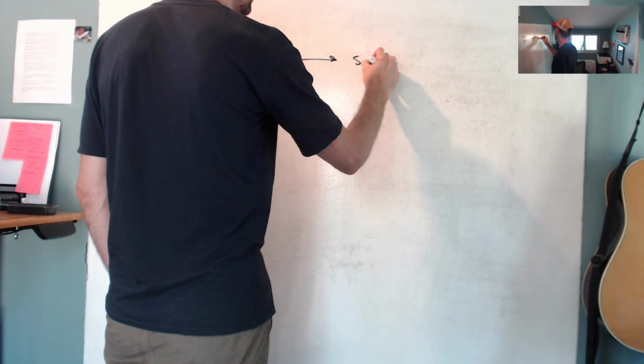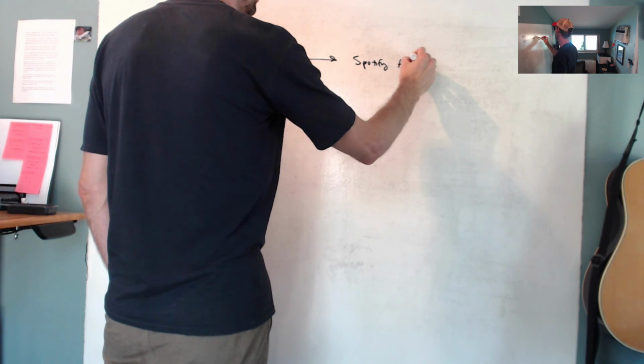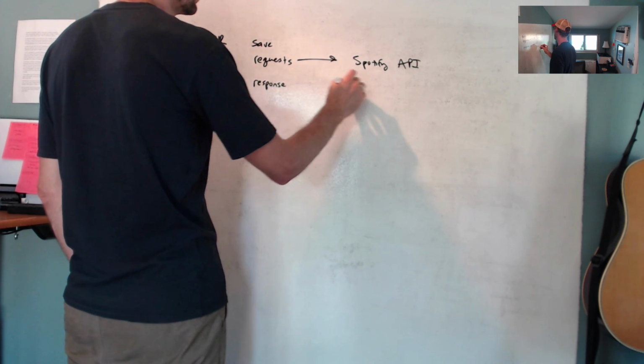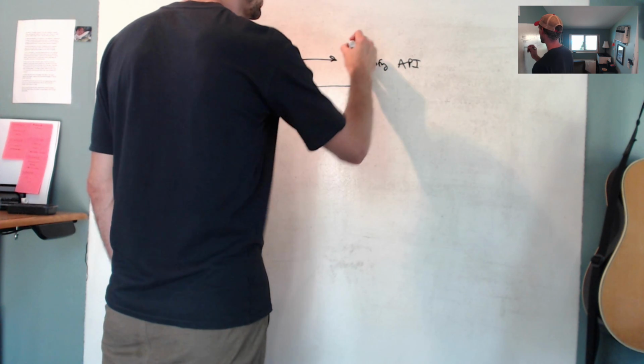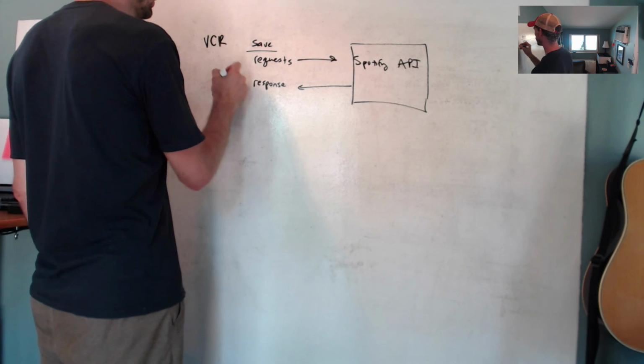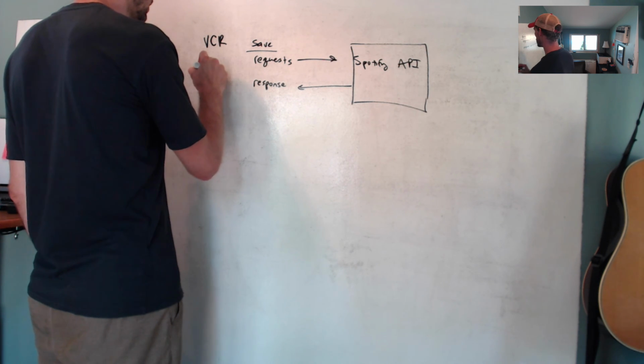I don't know if you guys have ever thought about how it's just magic and responses coming back from the Spotify API. And it's going to save these in YAML format to a file.